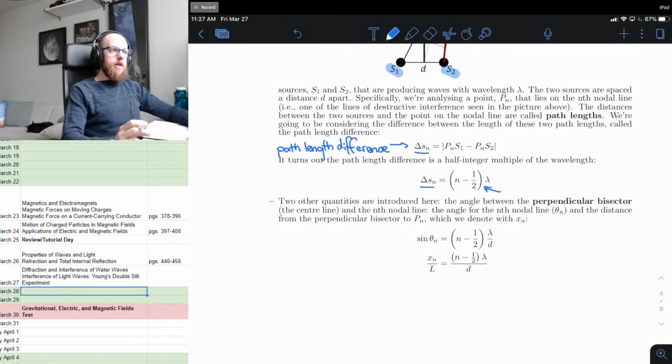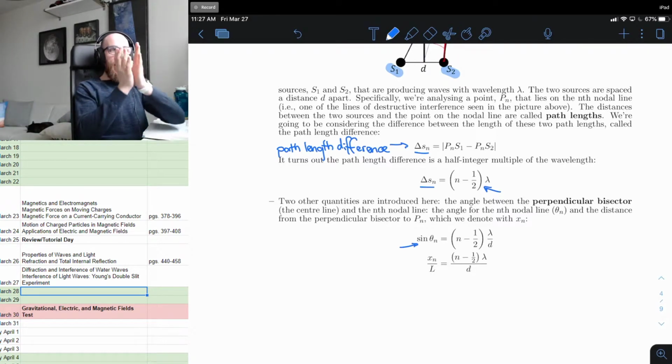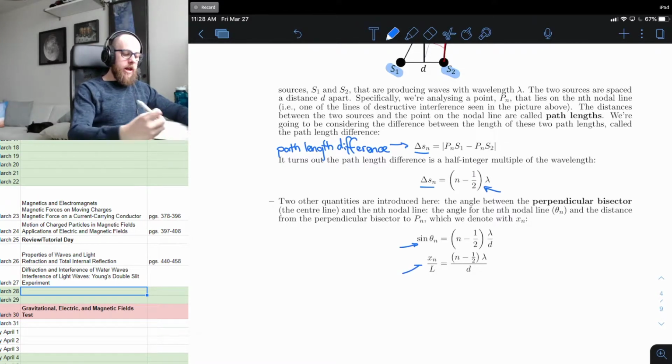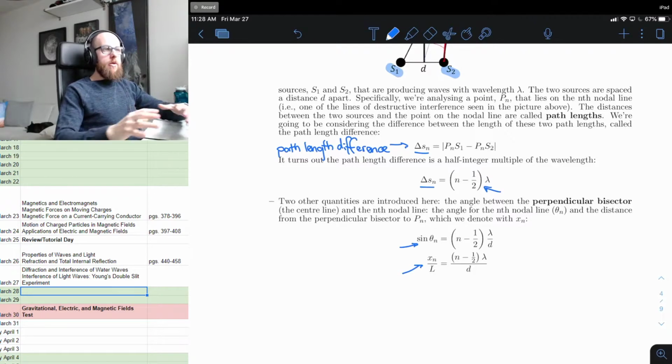It also turns out that we can do a little bit of trig and figure out a relationship between either the angle at which the nodal line is spaced at, or the distance from the nodal line to the center of our pattern. I know there's a lot going on here, but let's do a couple of examples and we'll see if all of this makes sense.